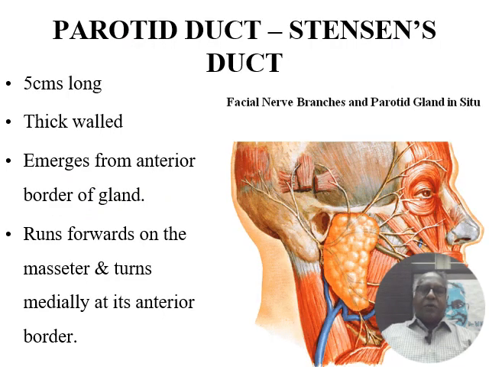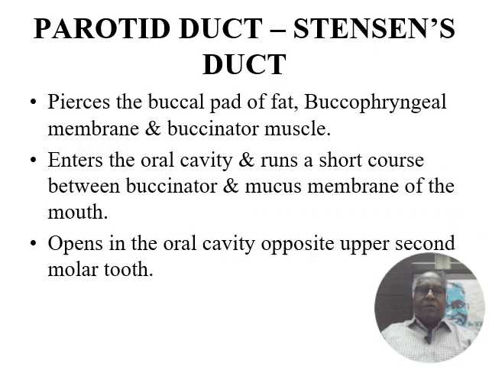Now we are seeing the parotid duct, also called Stensen's duct. It's 5 centimeters long, thick walled, emerges from the anterior border of the gland, and it runs forwards on the masseter muscle, turns medially, and at its anterior border pierces a few structures. It can be asked in your spotters: the buccal pad of fat, buccopharyngeal fascia, buccinator muscle.